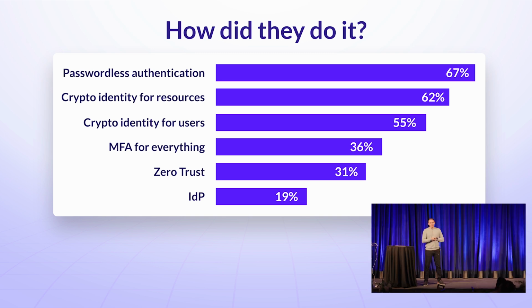Also, they employed cryptographic identity for resources. It basically means certificates, using certificates to implement zero trust connectivity between different components of the infrastructure. Same thing for users. Leaders were 55% more likely to adopt this.